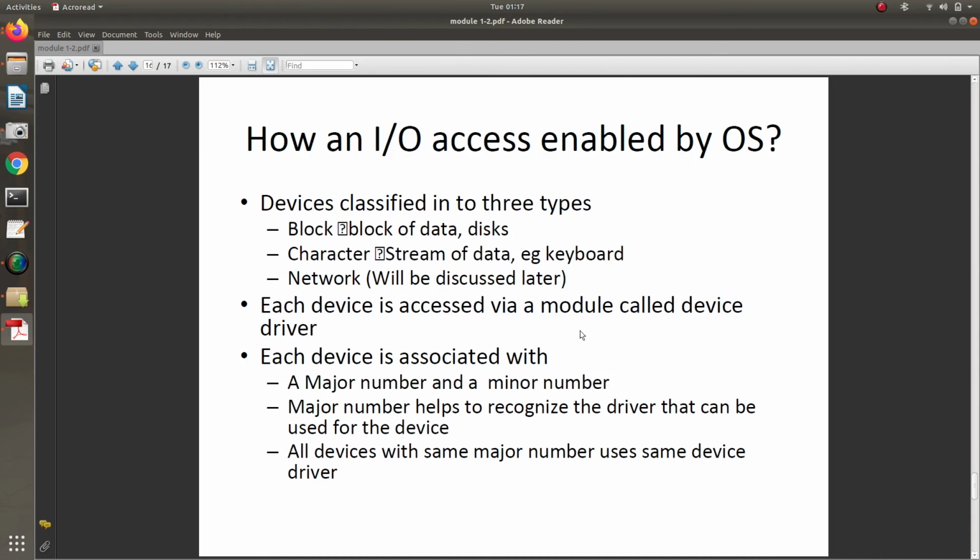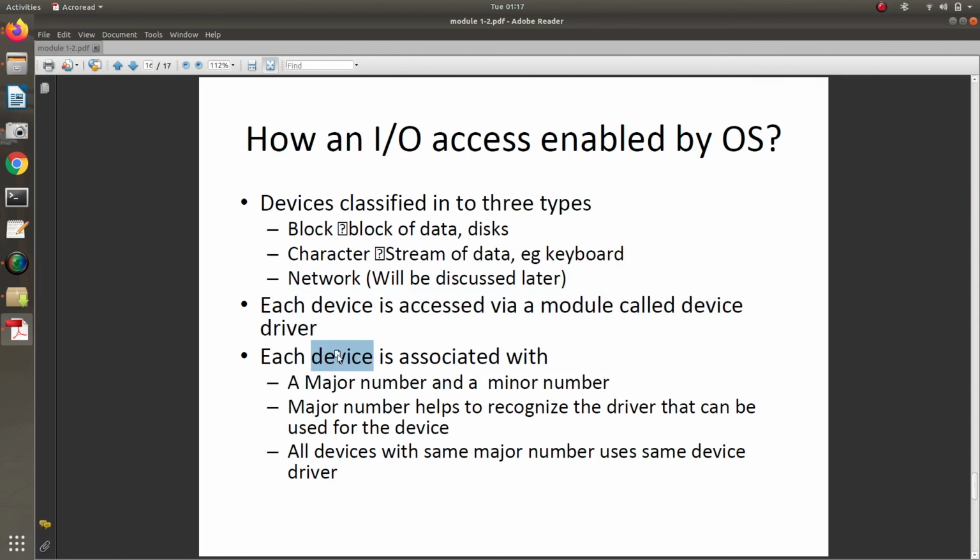Okay, moving on. How does the operating system help us access the input-output devices? Each device is accessed via a module called the device driver. For example, your keyboard will have a particular device driver, and your mouse will have a particular device driver. Using these device drivers, we access the devices.